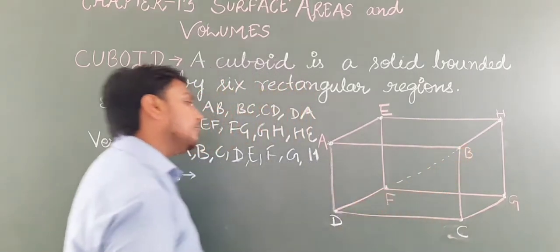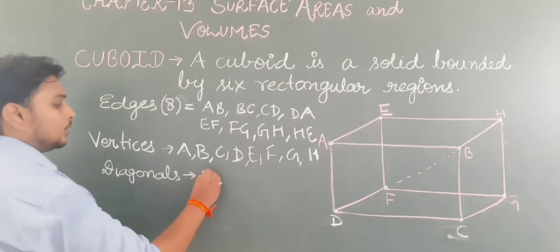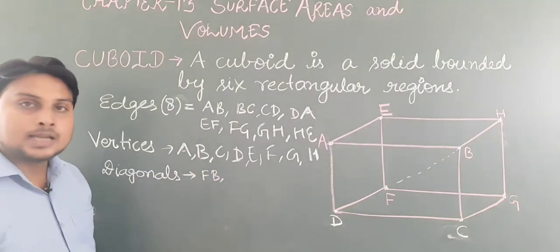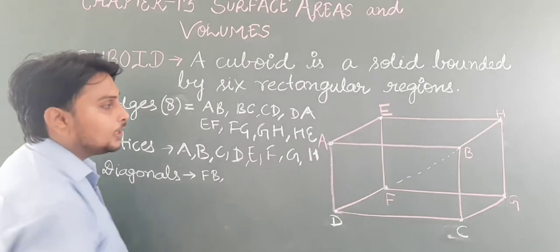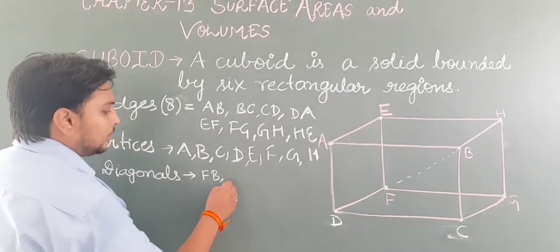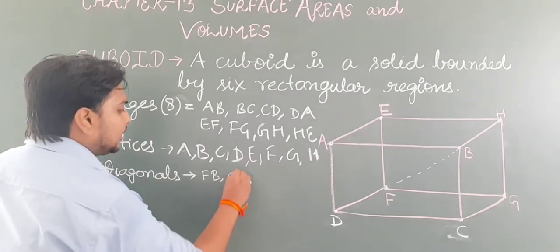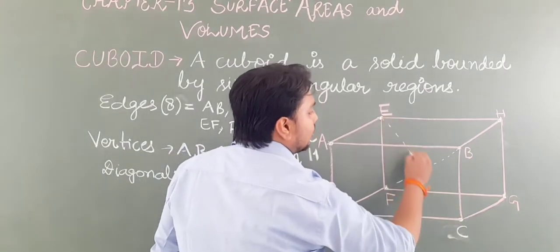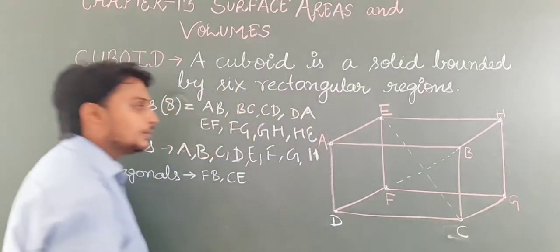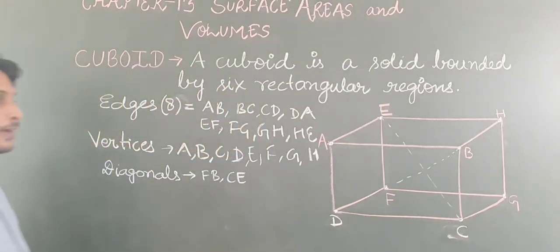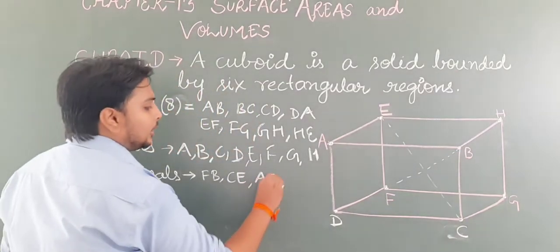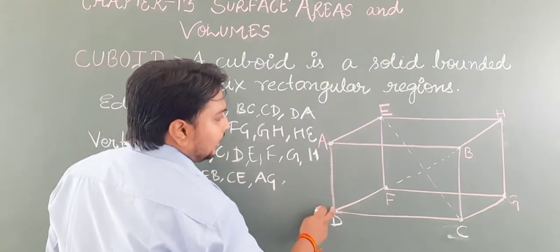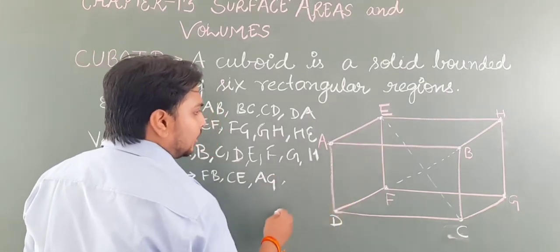So this FB you can take as a diagonal. In the same manner CE you can take, C is this and E is this, and AG you can take, and DH you can take.